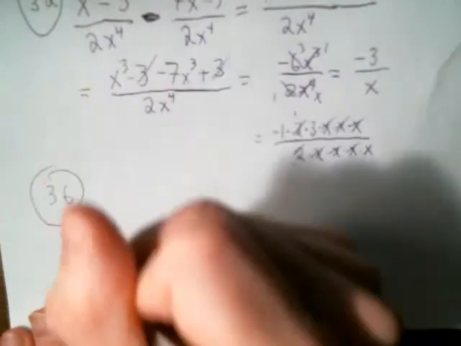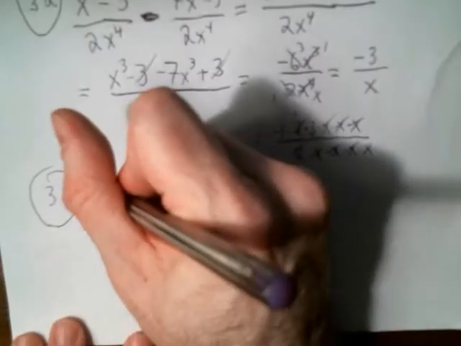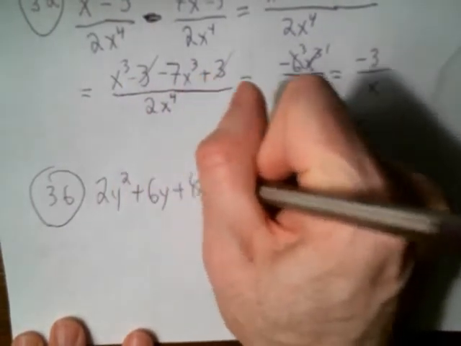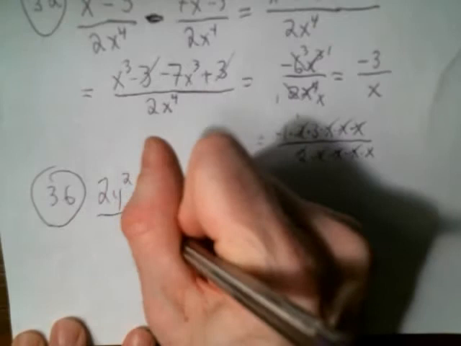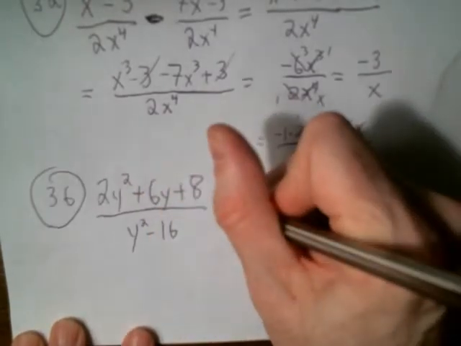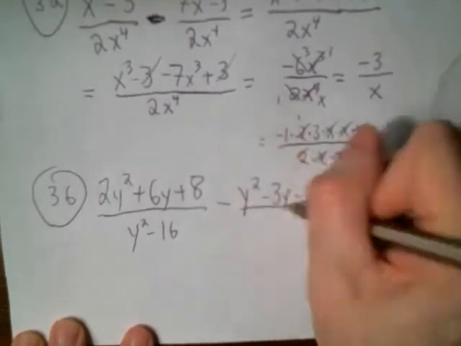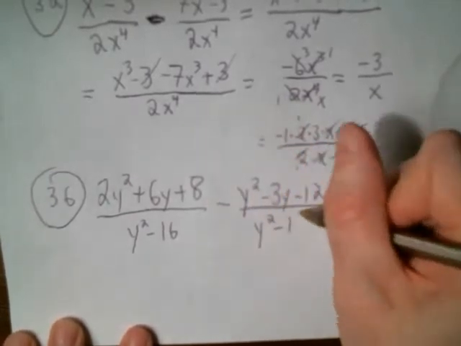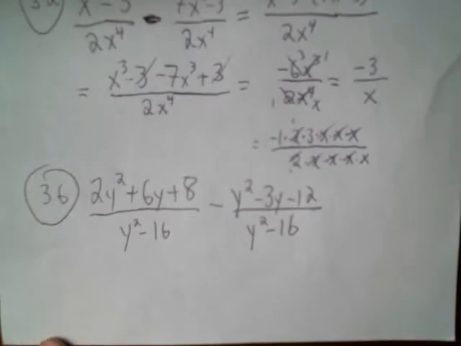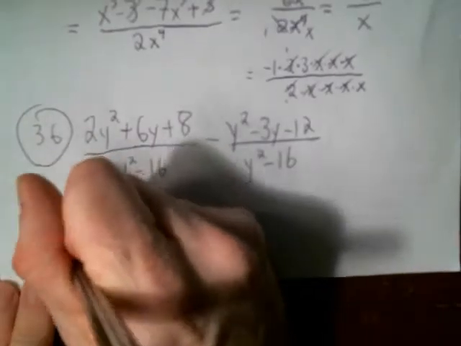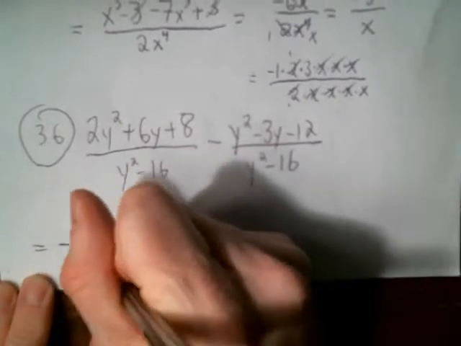One more, and then we'll move on to opposite denominators. Okay, so again, we have a common denominator. We're just going to borrow that denominator, so y squared minus 16.